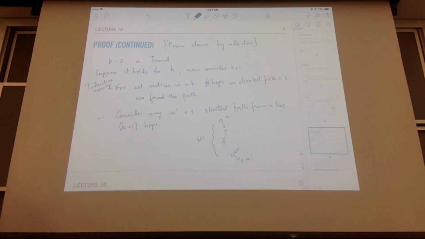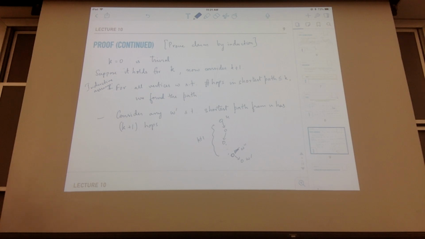Okay, so this is great. Now we are considering some W prime for which the shortest path from U to W prime has k plus 1 hops. And now we are looking at the vertex right before W prime on this path, and let's call it W double prime.